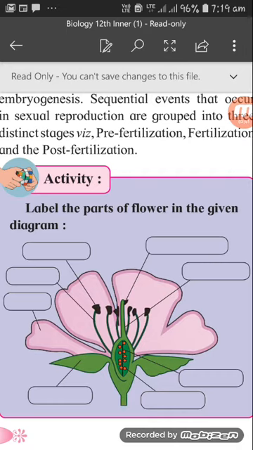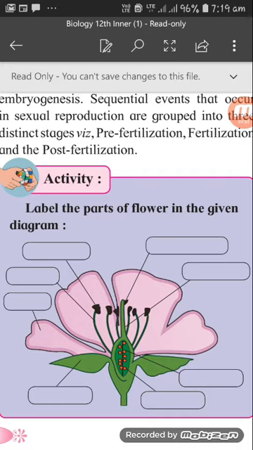I had also informed you that this is one of the important diagrams for your 11th. You already had this, and even in 12th standard you will be having this diagram. So I have already informed you in the previous classes.